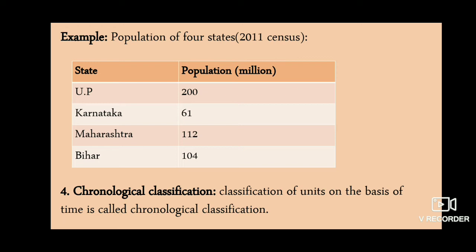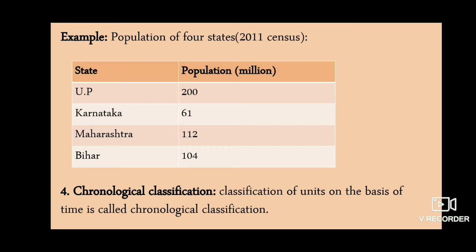In the first column you can see the list of states, and in the second column the population in million. In Uttar Pradesh the population was 200 million, in Karnataka it was 61 million. This type of data is known as geographical classification. Also you can take the example of production of crops in different states or different countries. All these come under geographical classification.